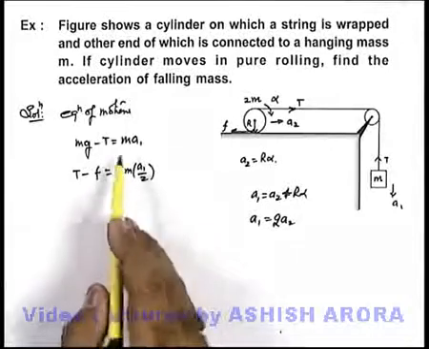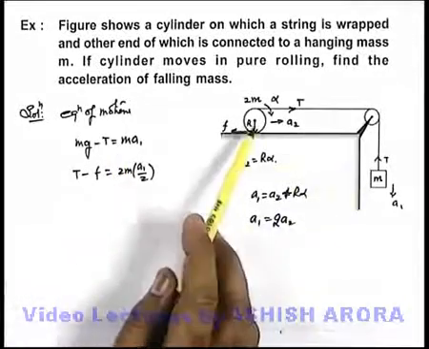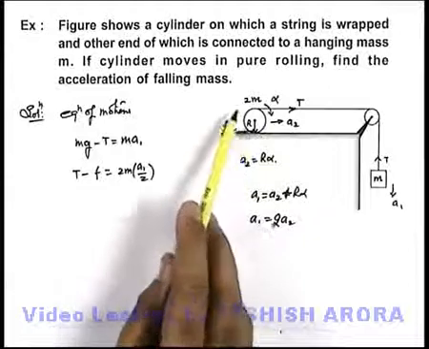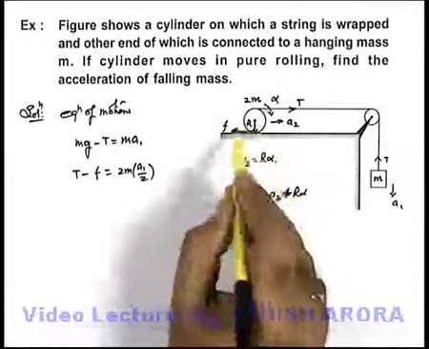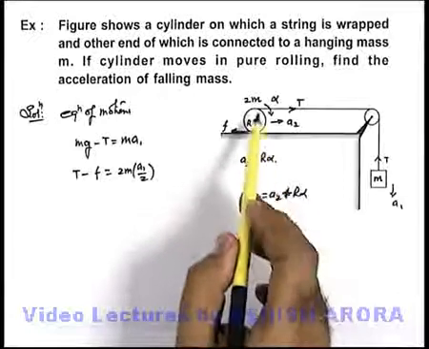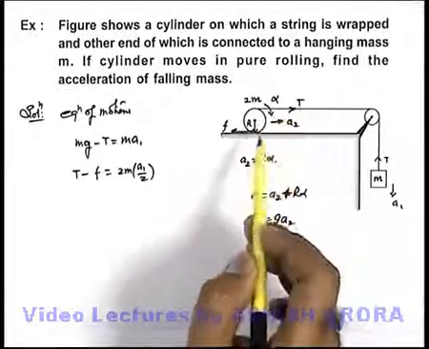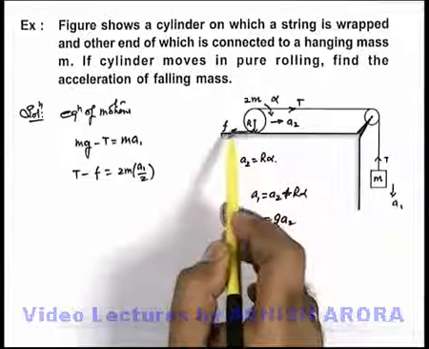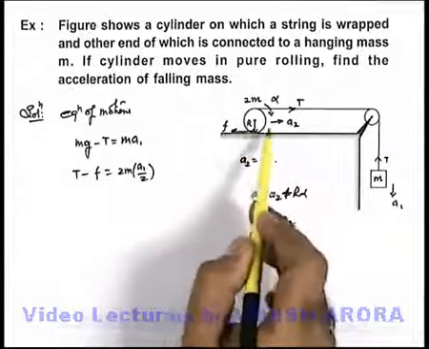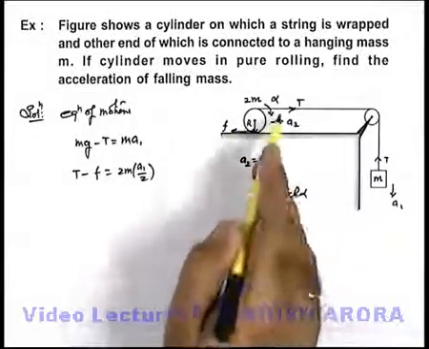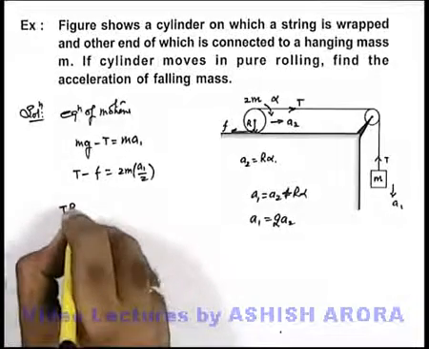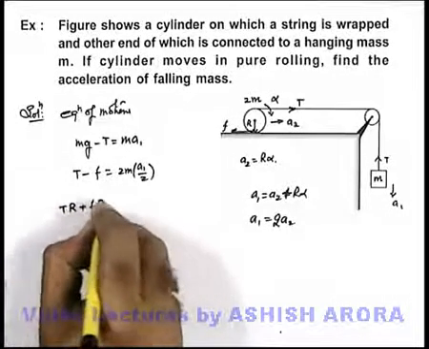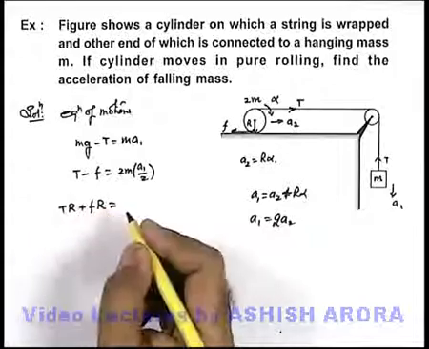Now, along with the translatory motion equations of the bodies, we can also write the equation of rotational motion for the cylinder. For its clockwise motion, it is experiencing a torque due to the tension in the string as well as this friction, and both of these torques are clockwise. So, its rotational equation of motion can be written as TR plus FR is equal to I alpha.